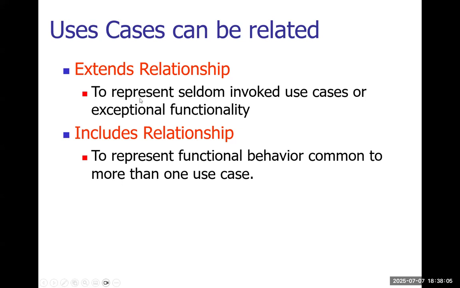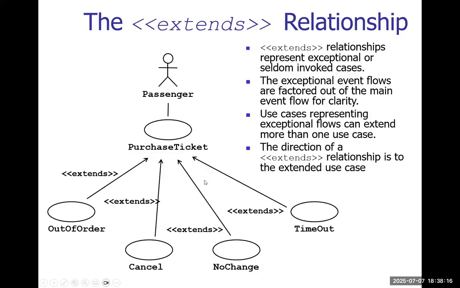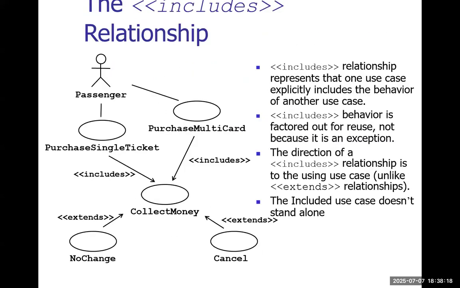So then we can use the timeout use case as an extension of this purchase ticket. And the include relationship represents a function that is common to more than one use case. Let's still use this one as an example. A passenger can purchase ticket, and by working with the customer, we understand that the tickets include a single ticket, a multiple card, a weekly pass, and probably a monthly pass, and so on.